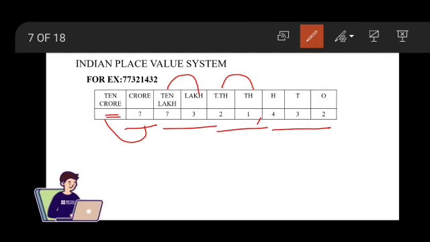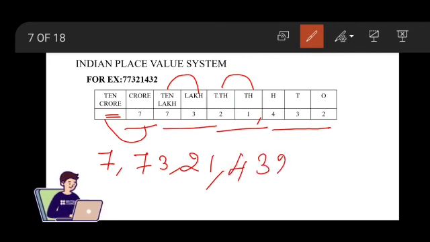So what we will be doing is, we will separate crore from lakhs. So 7 crore 73 lakh 21,432. As I said, we have grouped them according to their place values.